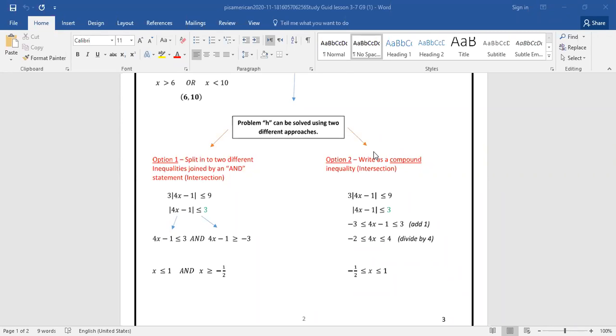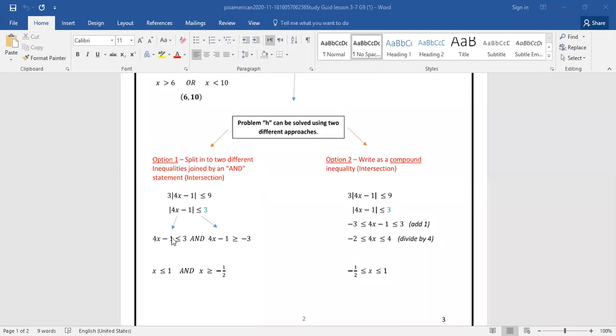Look at this question: absolute value 4x minus 1 less than or equal 9. Less than, we will use and. More than, we will use what? More than, or. So in this question, we will divide our answer into two parts.